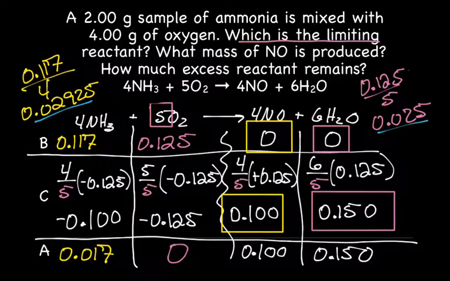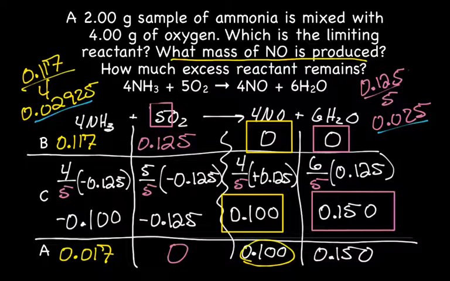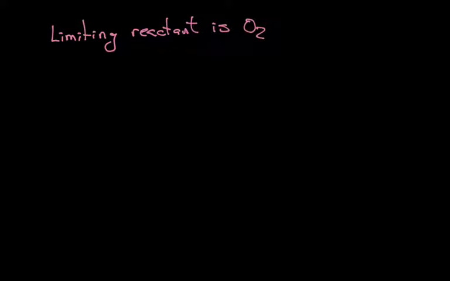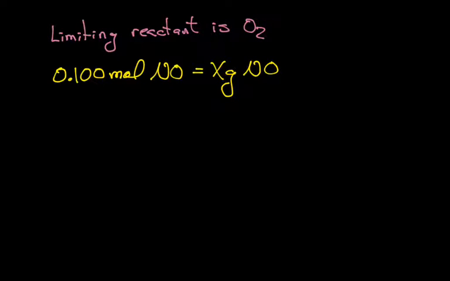Okay, what's our next question? What mass of NO is produced? All right, well, it looks like we have to do a little bit of work with that one because remember this is in moles, but we know we produced 0.100 mole of NO, so we know how to do this. 0.100 mole NO equals X grams NO.